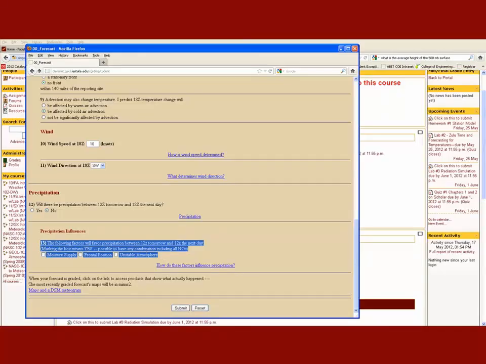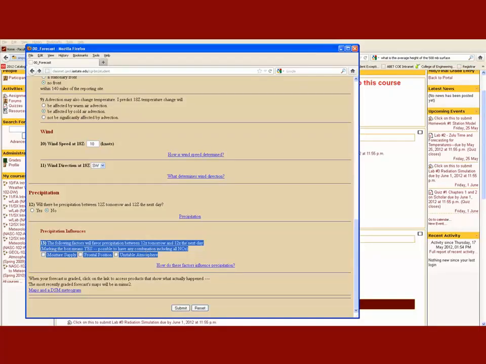When we're looking for the presence of clouds or precipitation, we need two things. One, we need sufficient moisture, and that probably makes sense to you. If you're going to produce a cloud or if you're going to produce rain, you probably should have sufficient moisture in the atmosphere. However, the other item is we need to be able to lift air vertically from the surface.